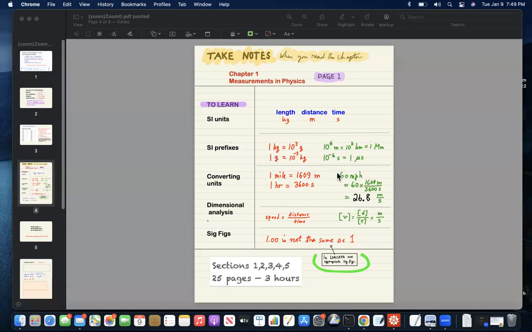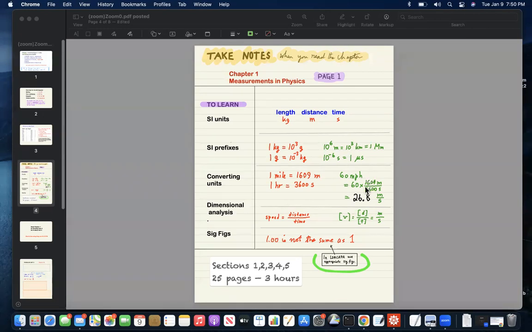For example, you might say, okay, I'm going down the highway at 60 miles per hour. What's that in standard units? Standard unit for speed is meters per second, because speed is distance over time, and distance is measured in meters, time is measured in seconds. Okay, you're going 60 miles per hour.